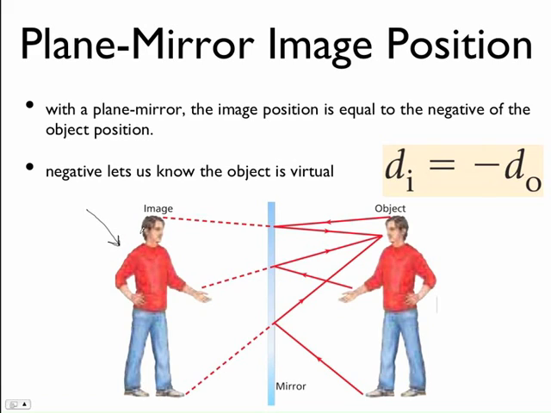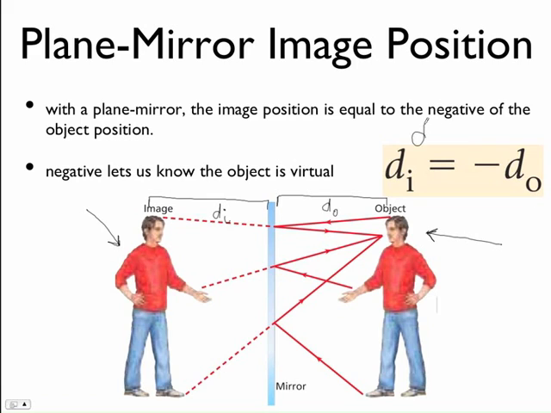This is the image, and this is the object. And so this object position, usually we consider it the positive side, and so the image is just the negative of that. And this equation is just putting it in the opposite way.